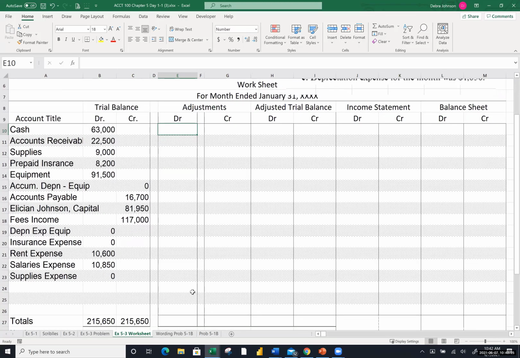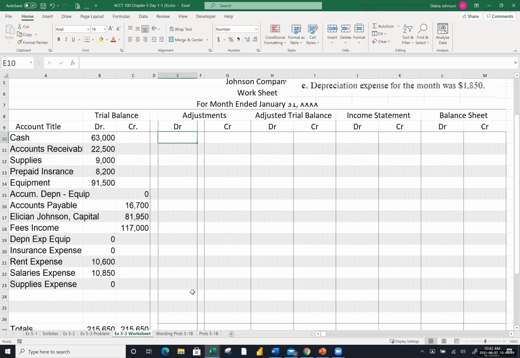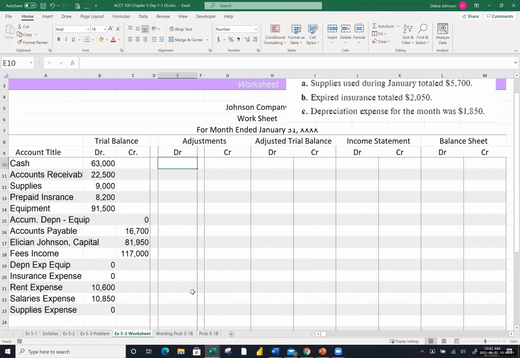So let's talk about what this worksheet is. It's a tool used to pull together all of the data for a company, and we're going to drop in the adjustments, those 3 transactions that we just learned about.